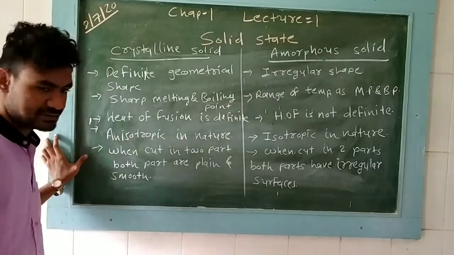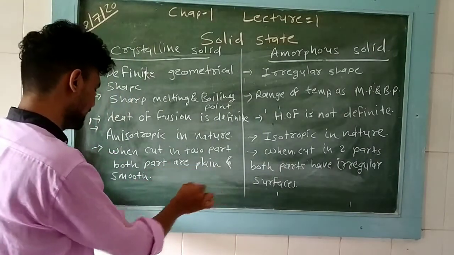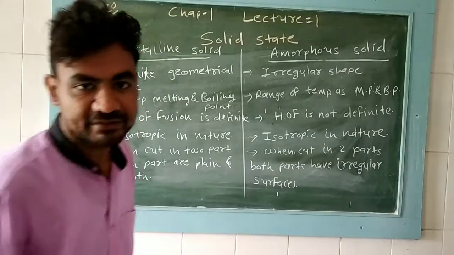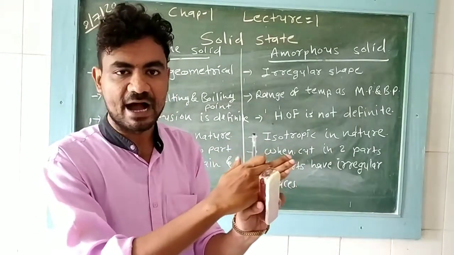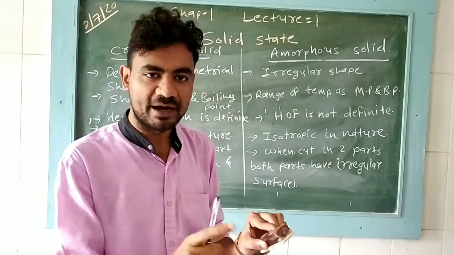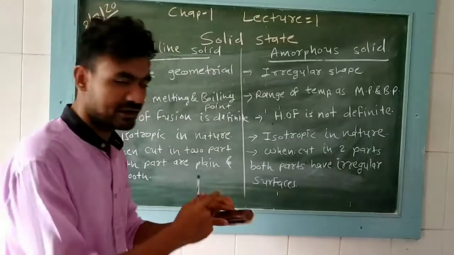Now last one, when cut in two parts, both parts are plain and smooth. Suppose I am taking this solid and cutting it down from here with a sharp edge tool. So both parts will get a smooth and plain surface.